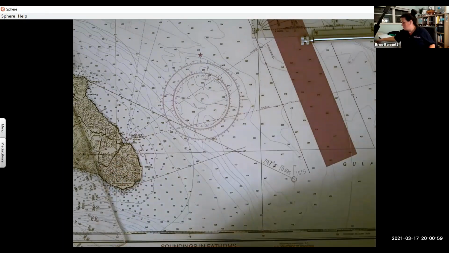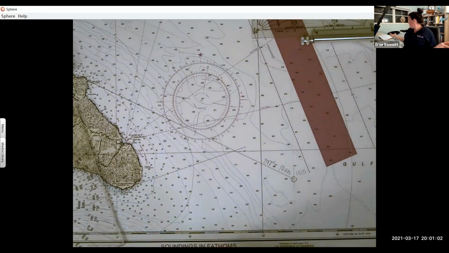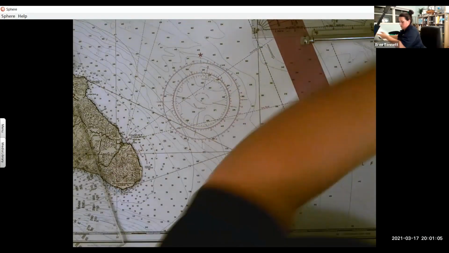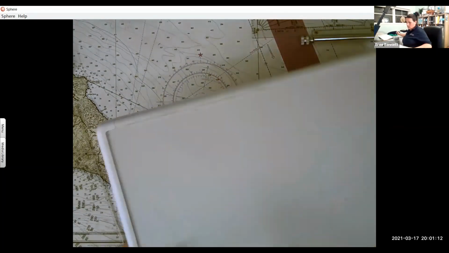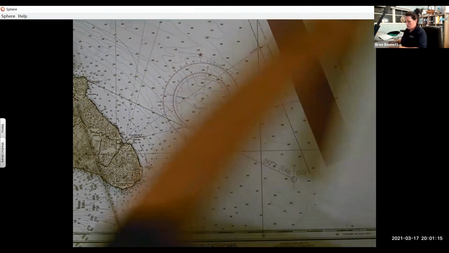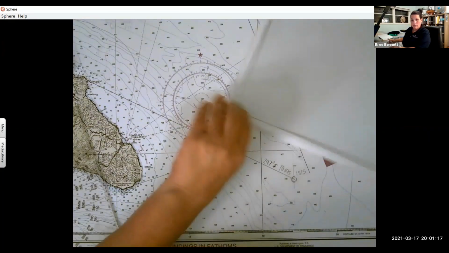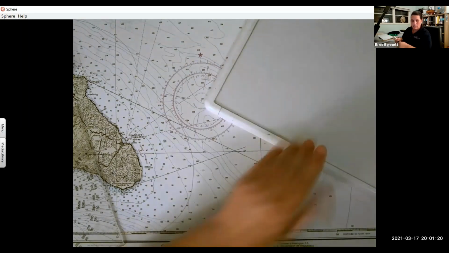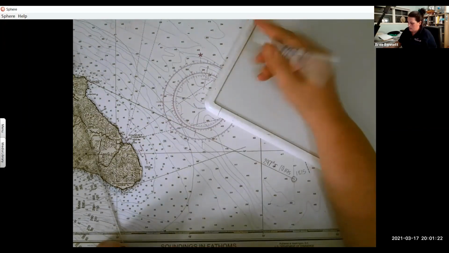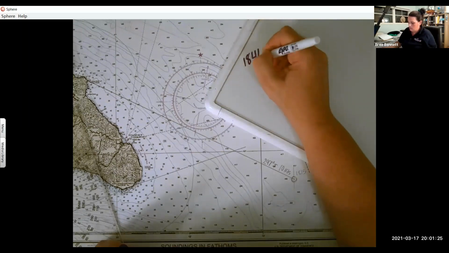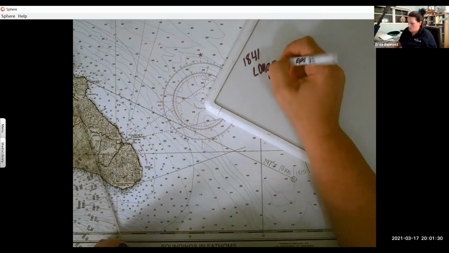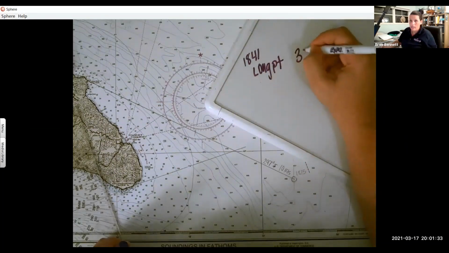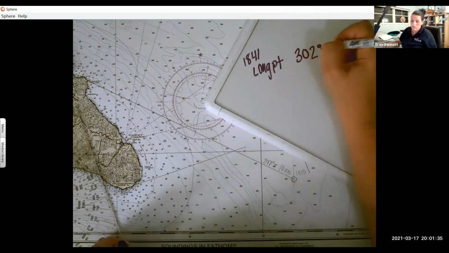We have a, sorry, hold on. I put it up here. I'm going to say we have at 1841, Long Point is bearing 302 degrees true.